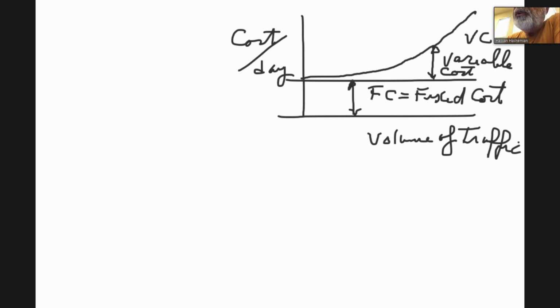And what would be the total cost? The total cost is this curve. This is the total cost curve.